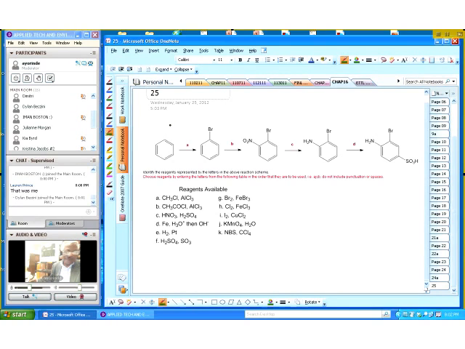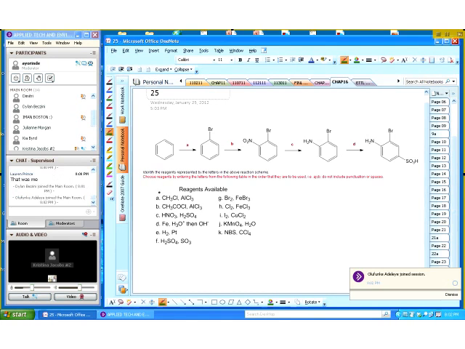Okay, Christina, if your mic is working, can you go ahead and read this question for us? Identify the reagents represented by the letters in the above reaction scheme. Choose reagents by entering the letters from the following table in the order that they are to be used. That is A, J, C, B. Do not include punctuation or spaces.